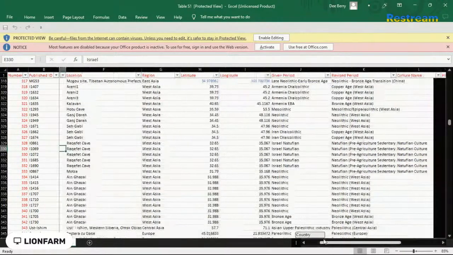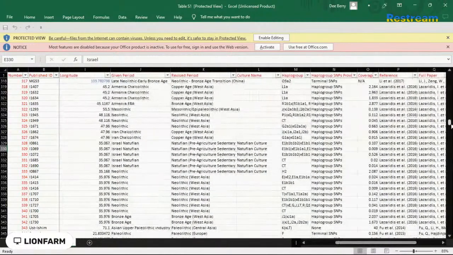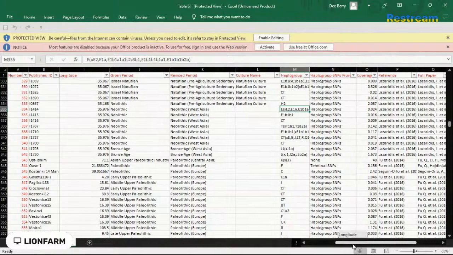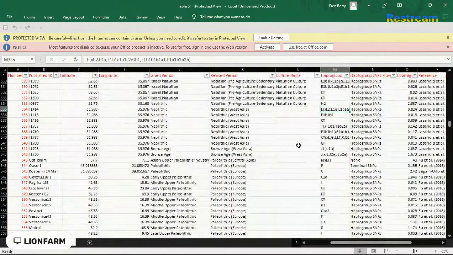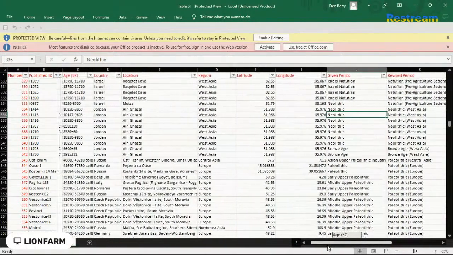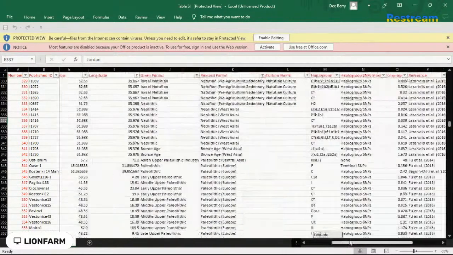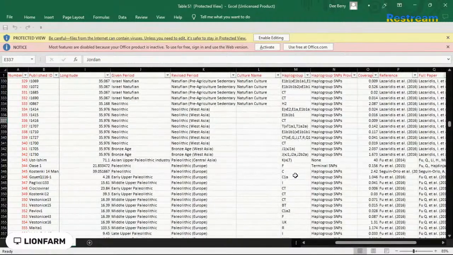We can see right here all E groups, because this is actually E-M96. That's going to be pre-pottery Neolithic, so West Asia. So the E group Neolithic fossils, you can see that's obviously in Jordan and everything. So very, very important. All E groups, the earliest E is found up there.